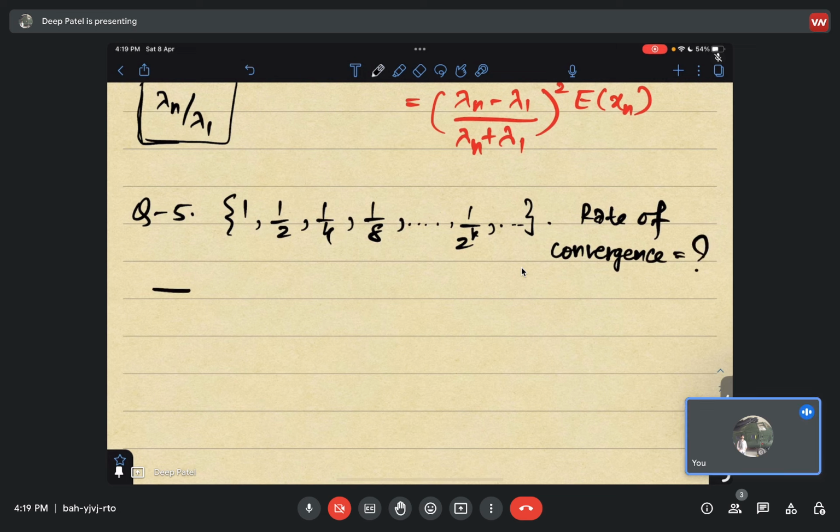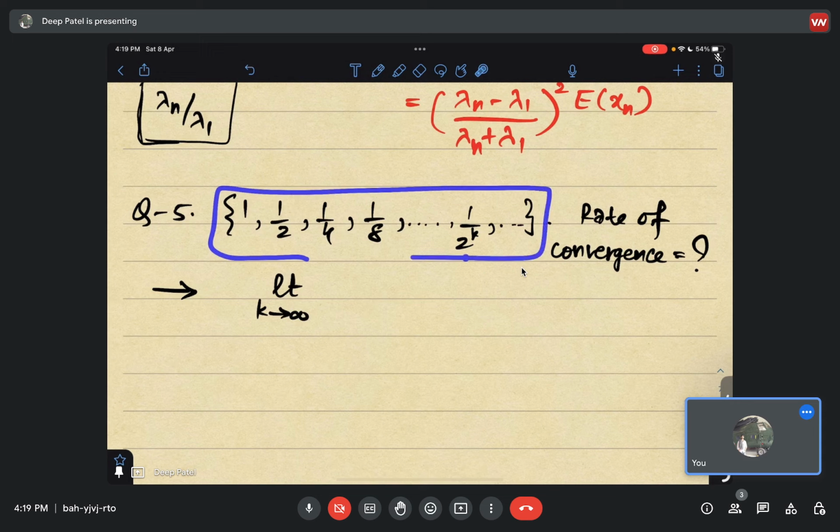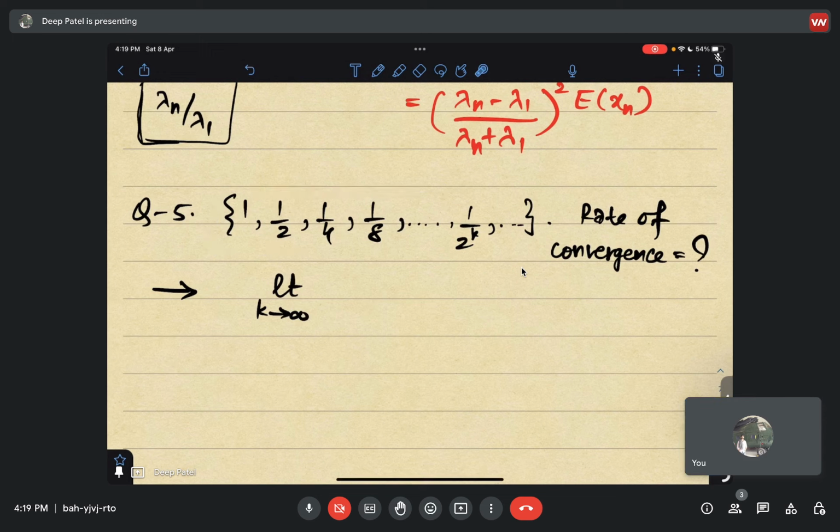So how will you find the rate of convergence? Just by applying the basic definition. So what is the limit of this? The limit is 0, right? Yes, it is 0.